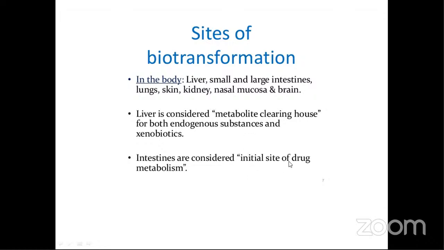But here it is called the initial site of drug metabolism. Sometimes that is called first pass metabolism, meaning that before reaching the liver, they are metabolized in the intestine. That's why it is called the initial site of drug metabolism. So that is the thing you have to remember. So these are the sites of biotransformation.